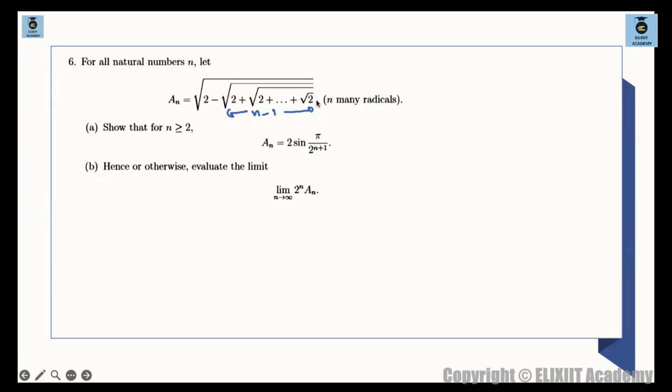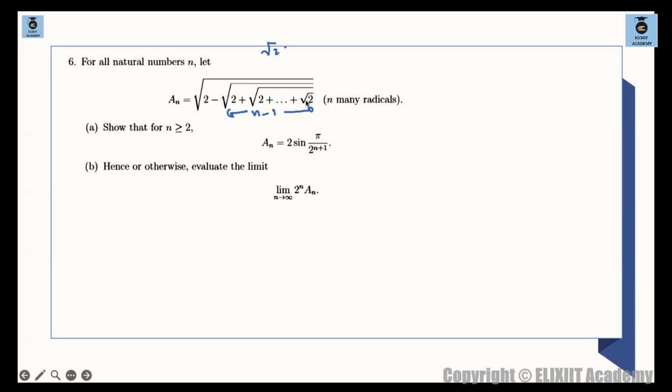So look, first we are having square root of 2. The only trick over here was to identify that, here they have said you need to prove an is 2 sine pi upon 2 to the power of n plus 1 or something. So you need to relate all these terms with trig formulas.